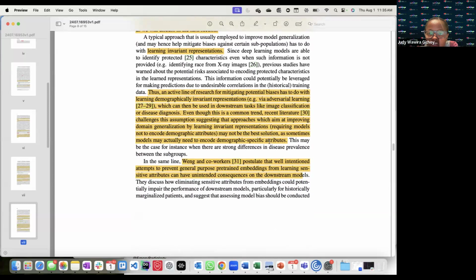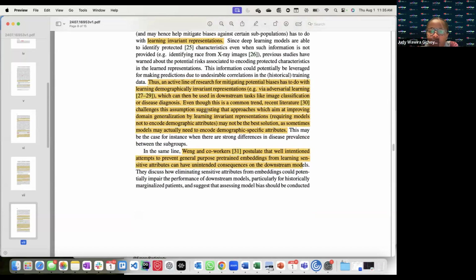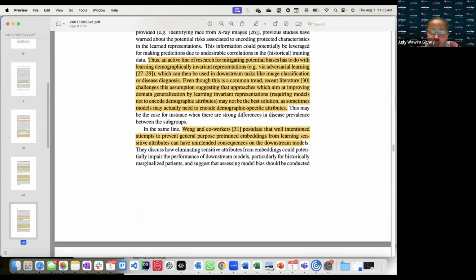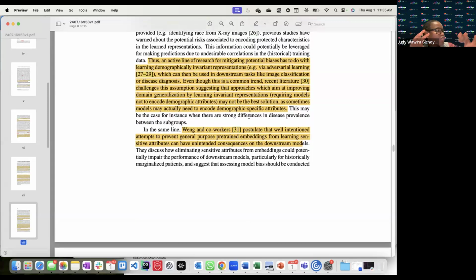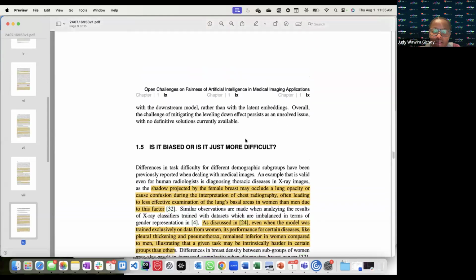I think the paper that Mazia published talks about this best. This is just a caution about general purpose trained embeddings, which is the concept I tried to explain around vision language models, like this model as a data set and then a downstream task, and the importance of that.